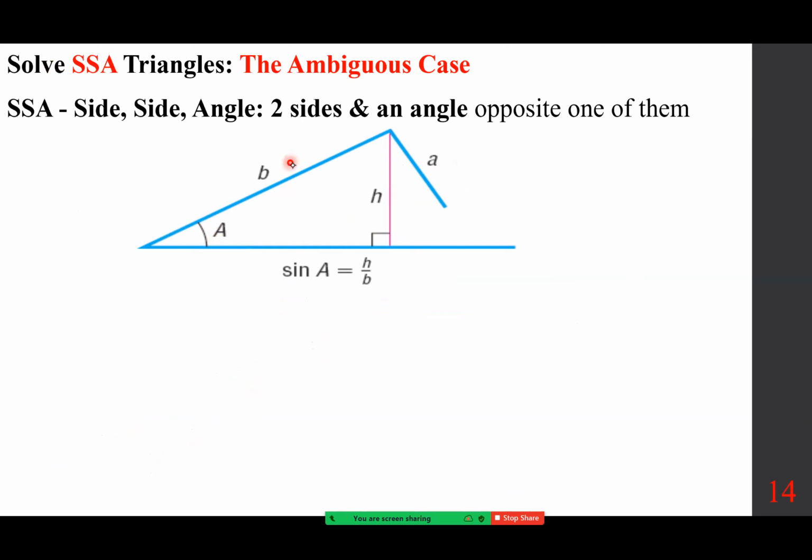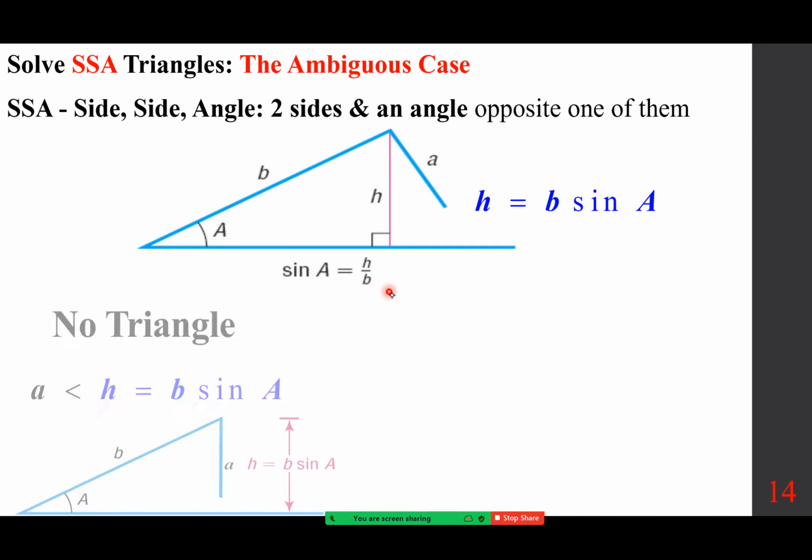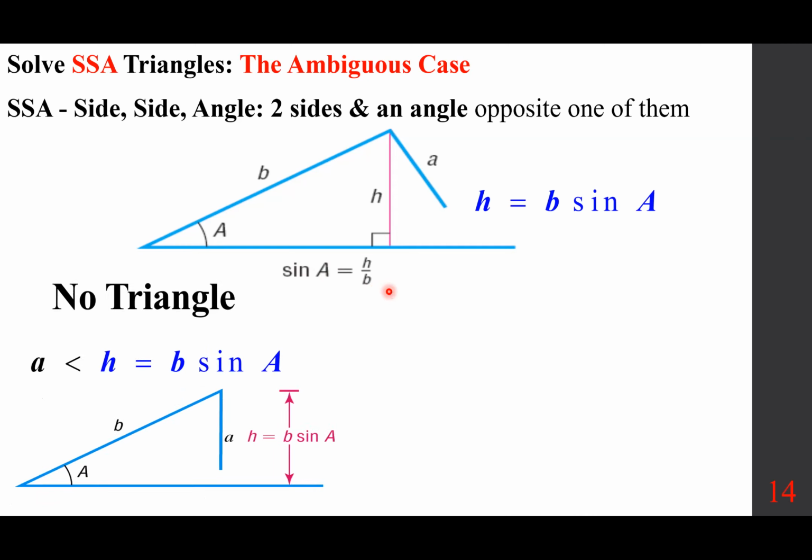As you look at this case, obviously sine A is the opposite, which is H over B. So it makes H the product of these two, B times sine A. If A happened to be smaller than H, this is not going to work out. We don't have any triangle.